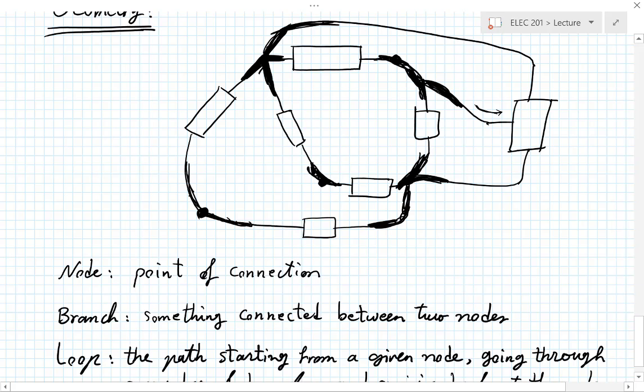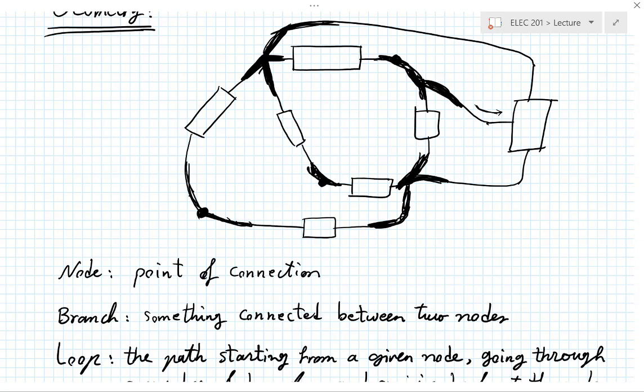I mean, I see 1 node here. There is the other node to which this branch is connected. Well, there are ways of thinking about it, and that will make more sense when we talk about Kirchhoff's law.